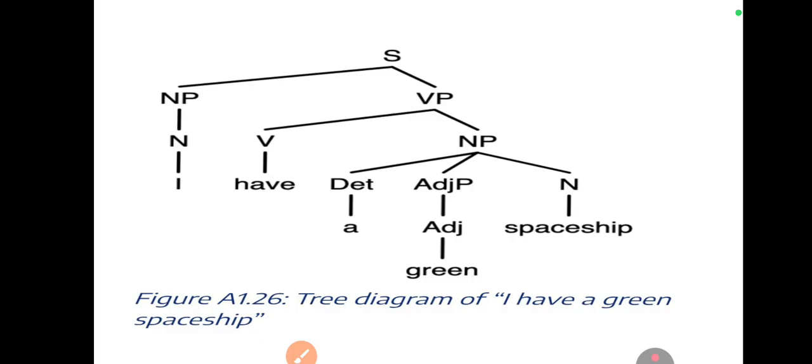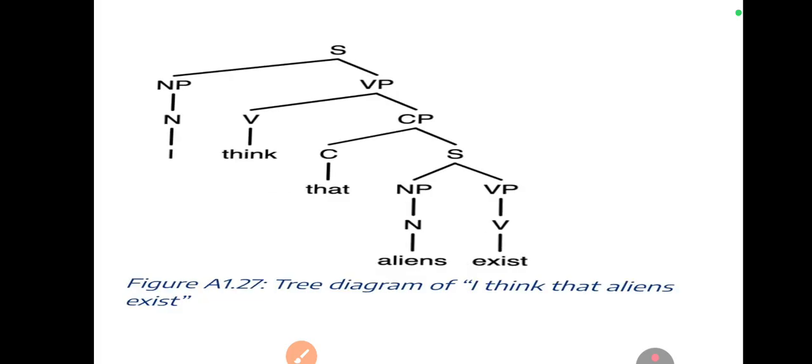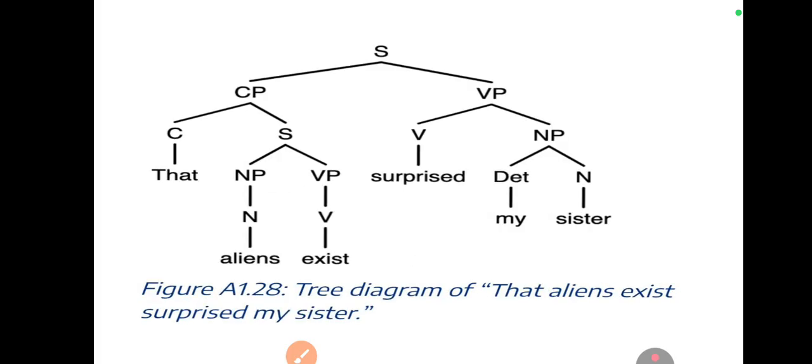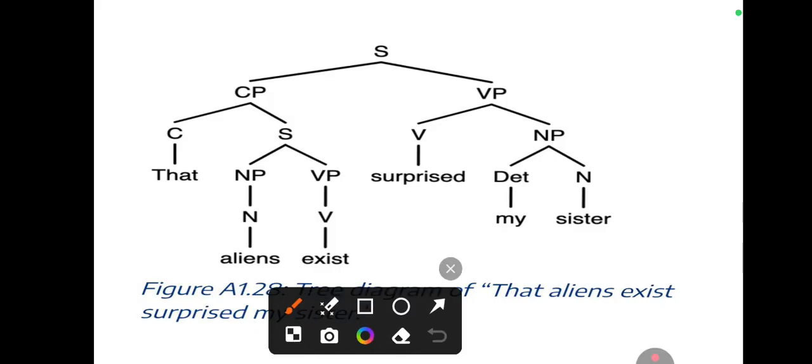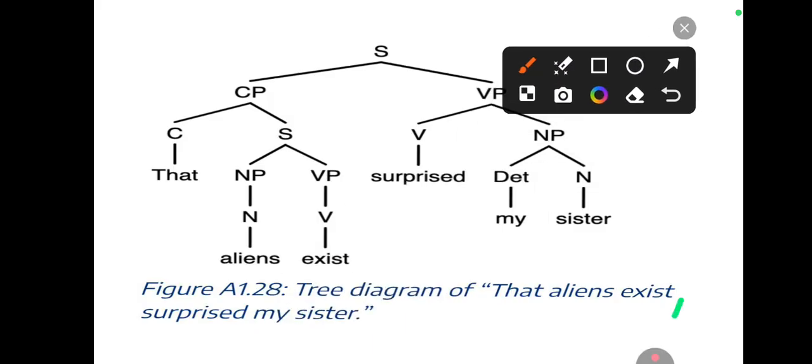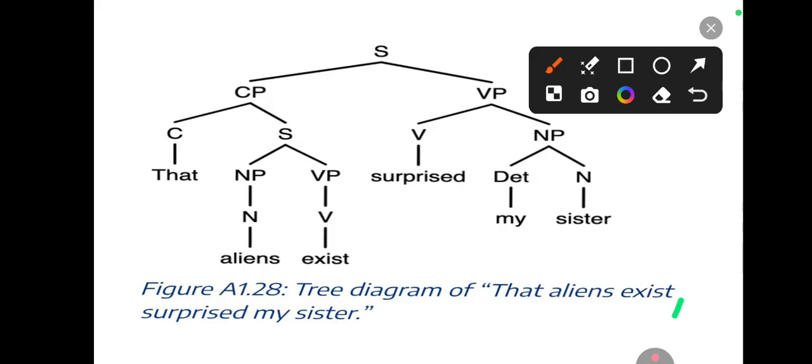Reading is very important, right? So, that aliens exist, surprise my sister. When you read this sentence, you have to take a little pause. So this is the sentence, of course.